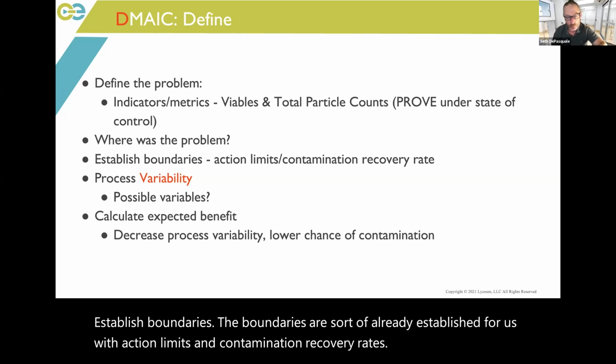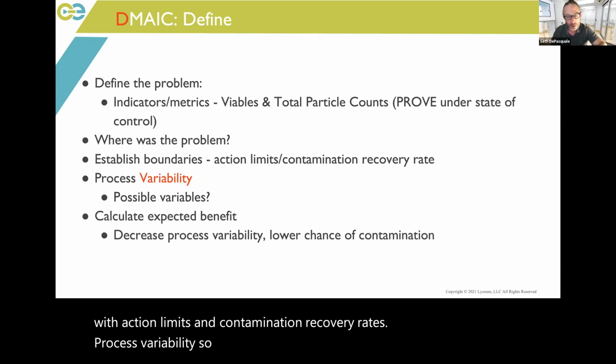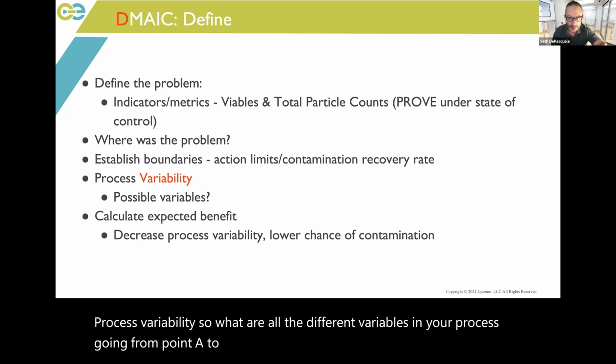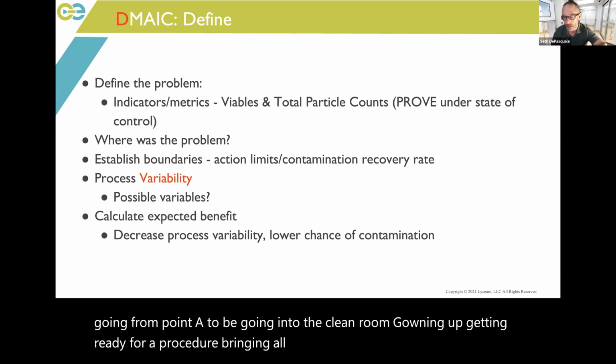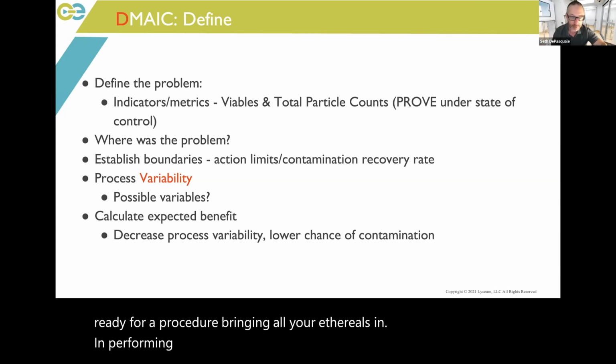Process variability. So what are all the different variables in your process? Going from point A to B, going into the clean room, gowning up, getting ready for a procedure, bringing all your materials in, and then performing the procedure, cleaning everything up.